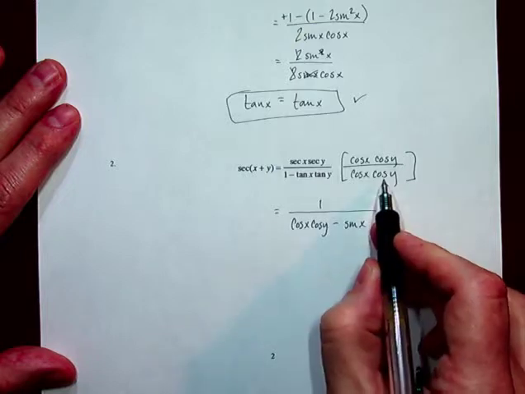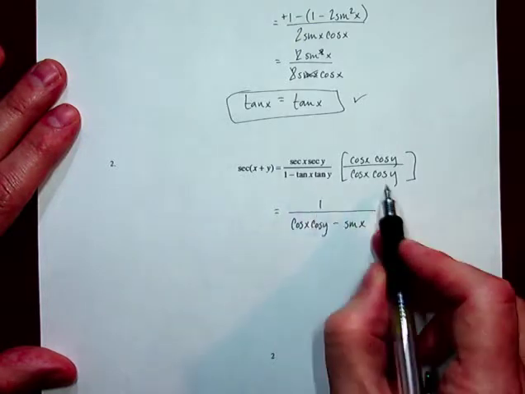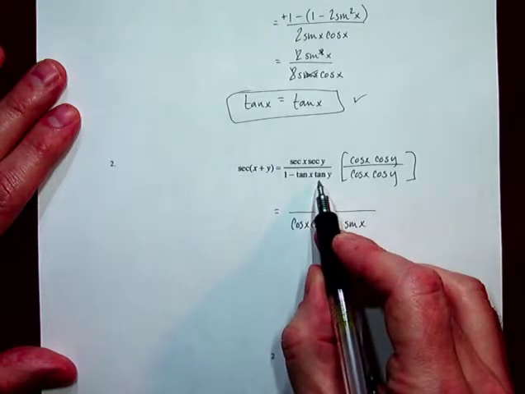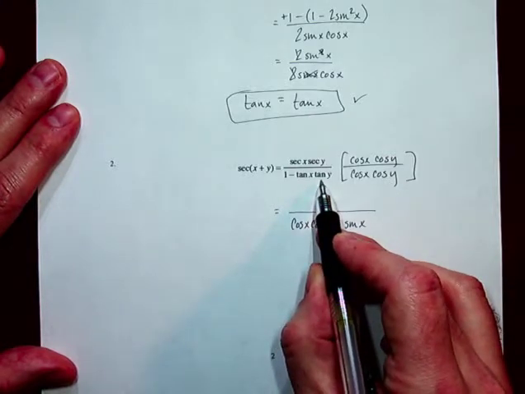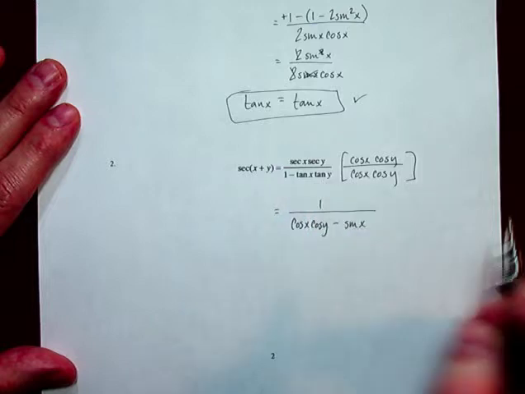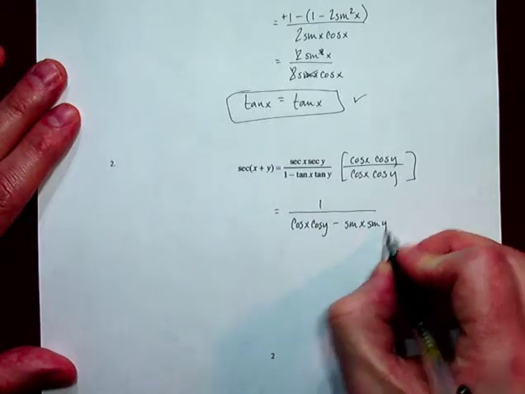This cosine y does the same thing with tangent y, because basically it's cosine y times sine y over cosine y. The cosine y's cancel, leaving sine y.